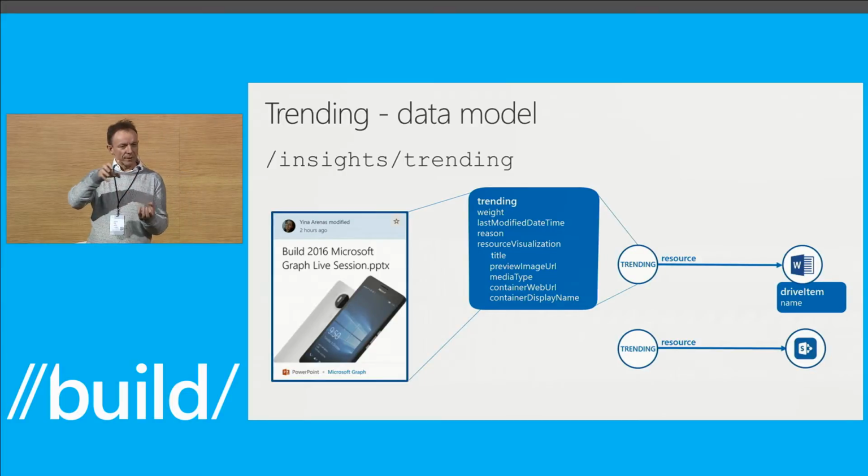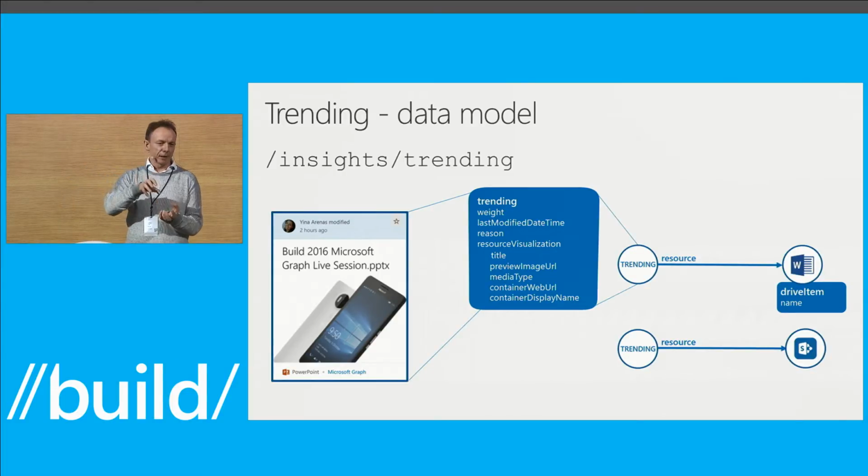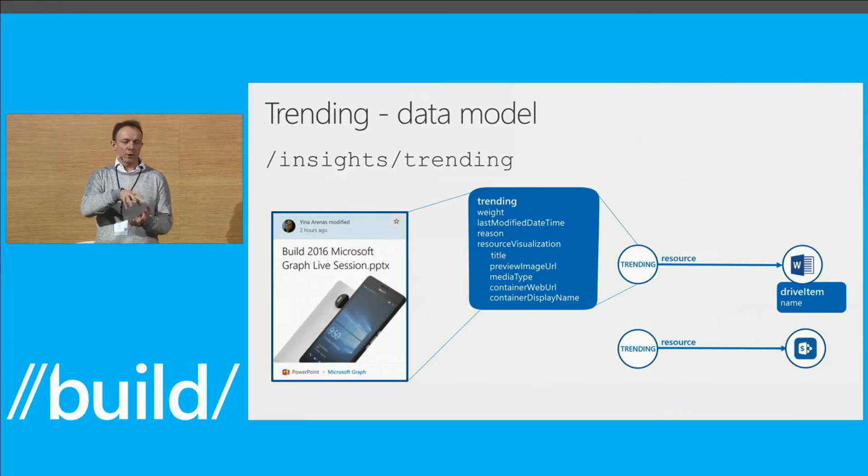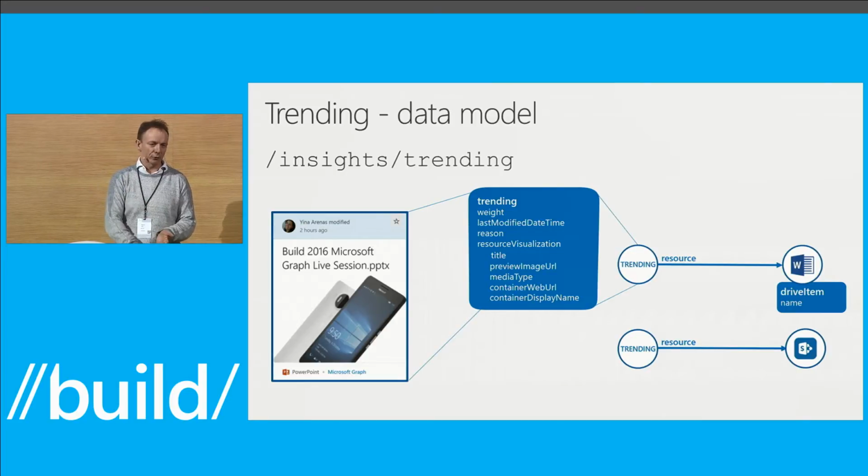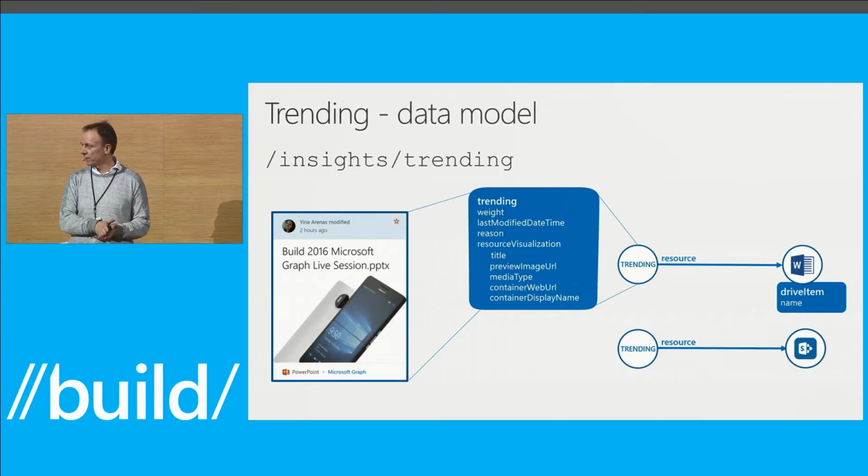The trending relationship itself will return a set of metadata, like why is this file trending? In this case, the file is trending because Gina has modified the file, and Gina is a person I work closely with. It will return a weight, how is this ranked as opposed to the other files that I'm getting back, and we're using that to sort the documents based on relevancy.